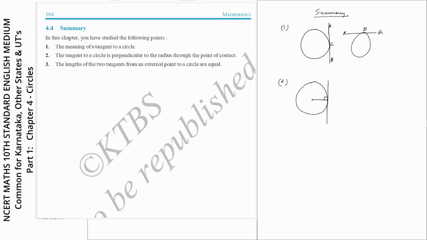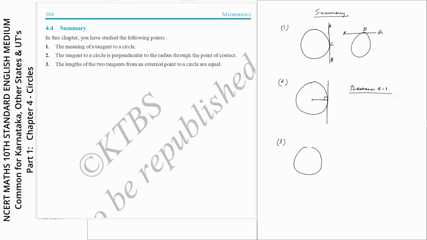Next point: the tangent to a circle is perpendicular to the radius through the point of contact. So tangent is always perpendicular to the radius where it makes the point of contact, like this. This one we learnt in theorem 4.1. Next, third point: the lengths of two tangents from an external point to a circle are equal.